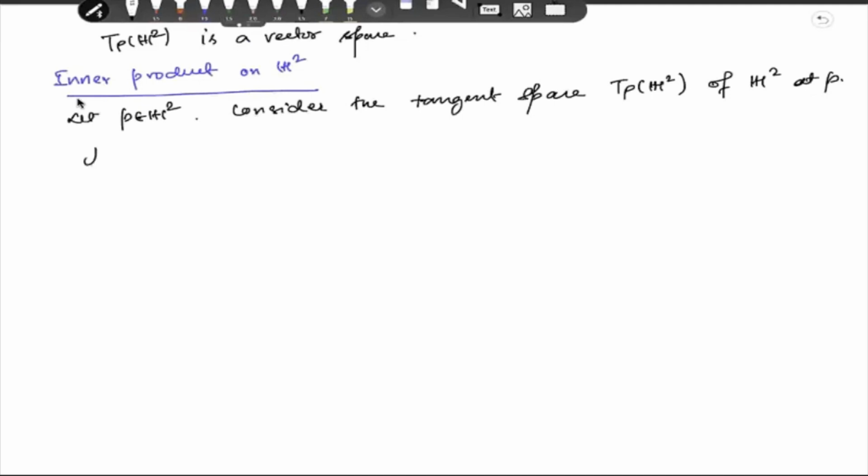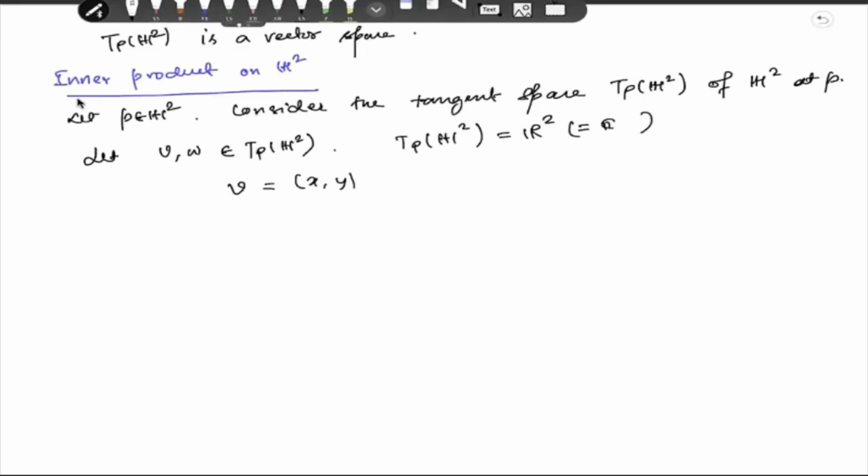And now let us take two vectors in the tangent space. Note that this tangent space is R2, and again, you can also take it as the set of complex numbers. So V can be denoted like (x, y), or it is the same thing as x plus iy. Let us take V to be (x1, y1), and let us take W to be (x2, y2).